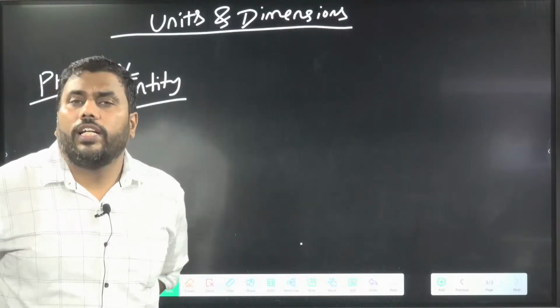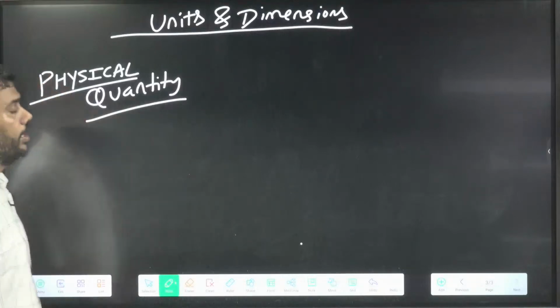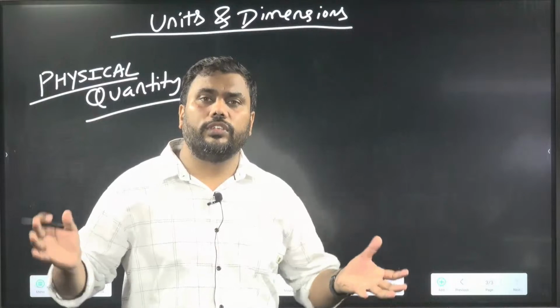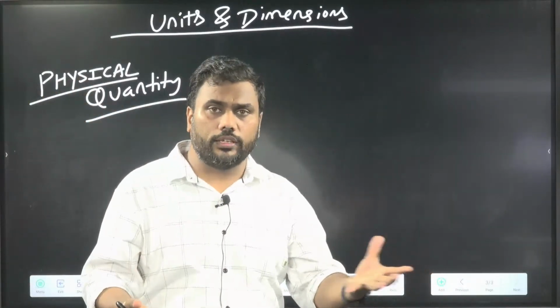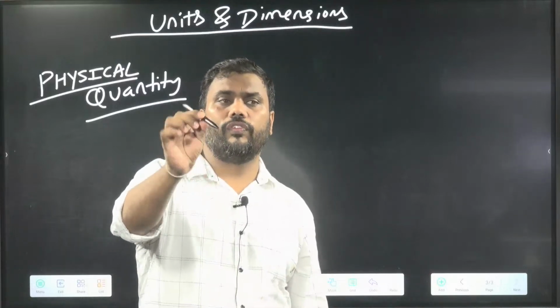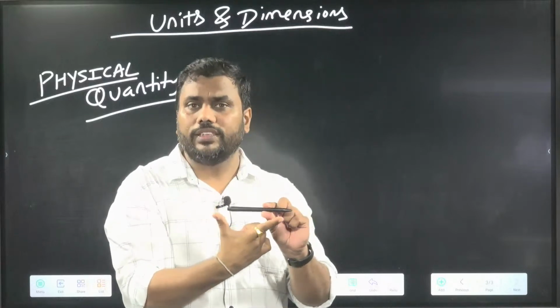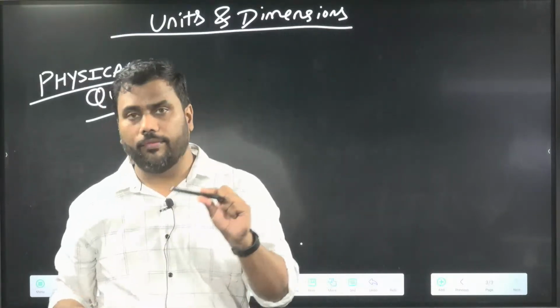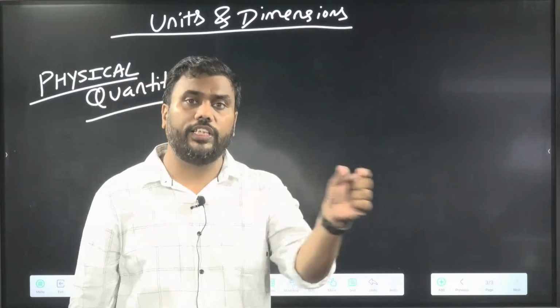Okay, so now we are starting units, first with physical quantity. What is a physical quantity? In the physical world around us, we are living in a world where we are every time measuring some quantities. Suppose I want to find the length of this pen. You will measure it with some scale, and you give me a value with units.